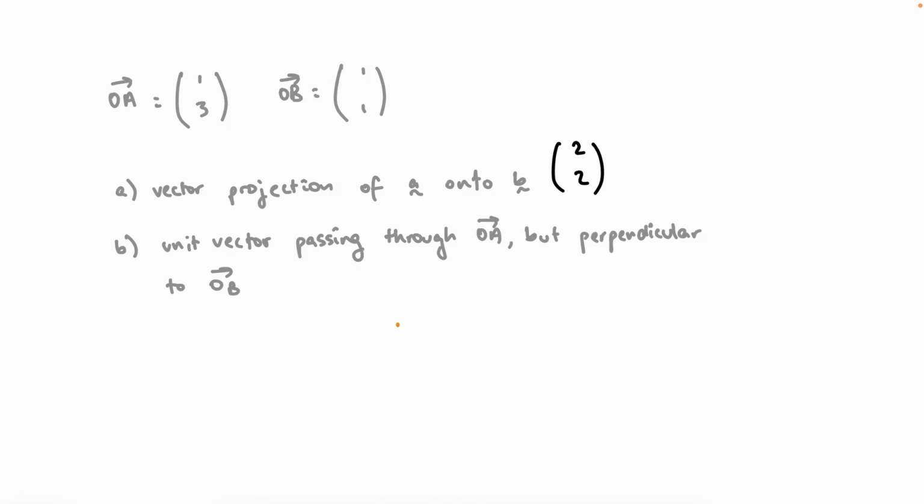Okay, so to do vector projections, let's say this part here is O, and this here is vector A, and then this here is the point B. I'll draw it even better actually. I'll make it a little bit more steep. So we have point O, and then this is A over here, and this is point B over here.